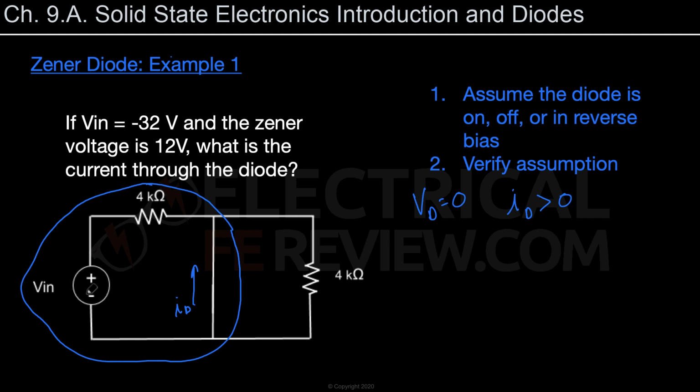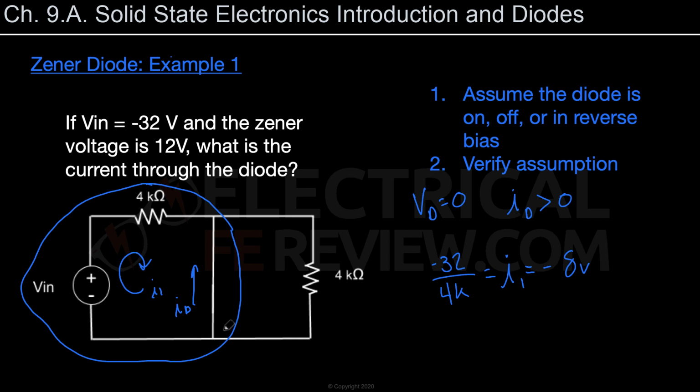And as you can see, it is just a voltage source in series with a resistance. So what we can do is divide the voltage by the resistance, and that means that the current flowing in this direction, we'll call it I1, is equal to negative 8 volts.